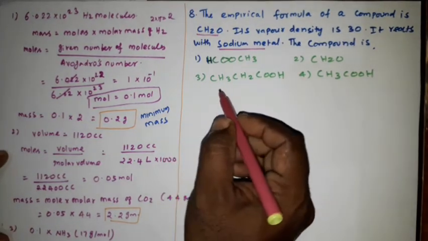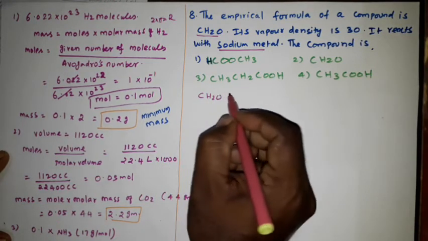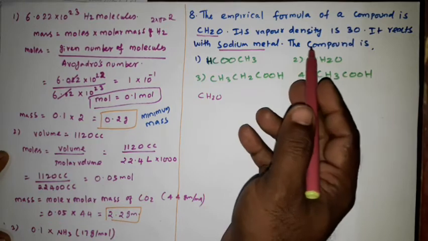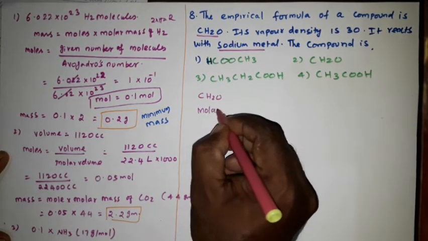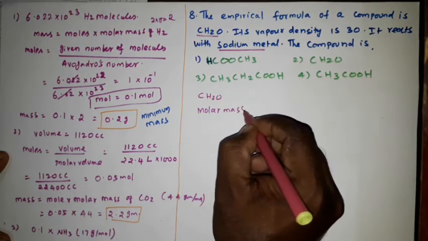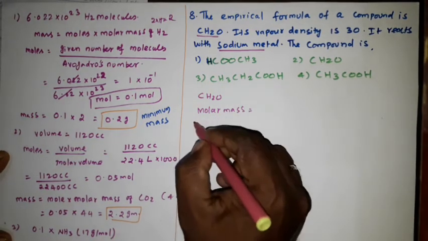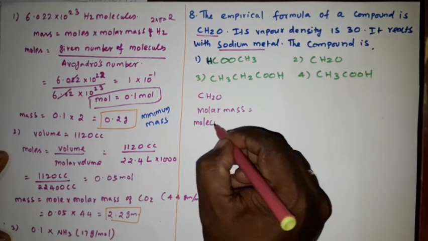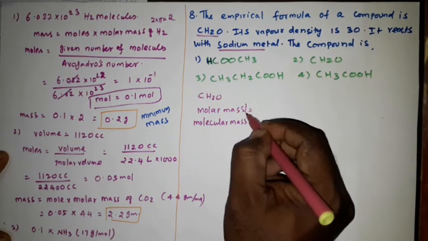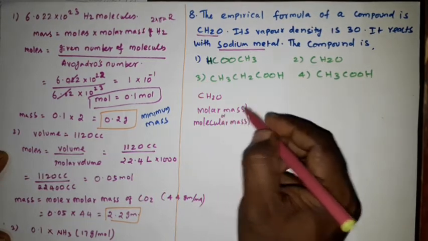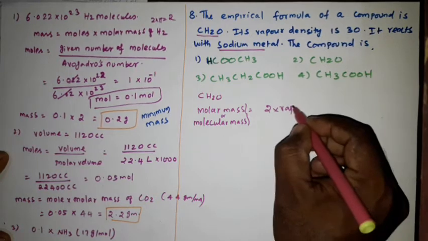Now that empirical formula of a compound is CH2O. Clear? Vapor density is given. So molar mass equal, the formula is, if that molar mass or molecular mass is not given, then the formula to find out molar mass or molecular mass is 2 into vapor density.